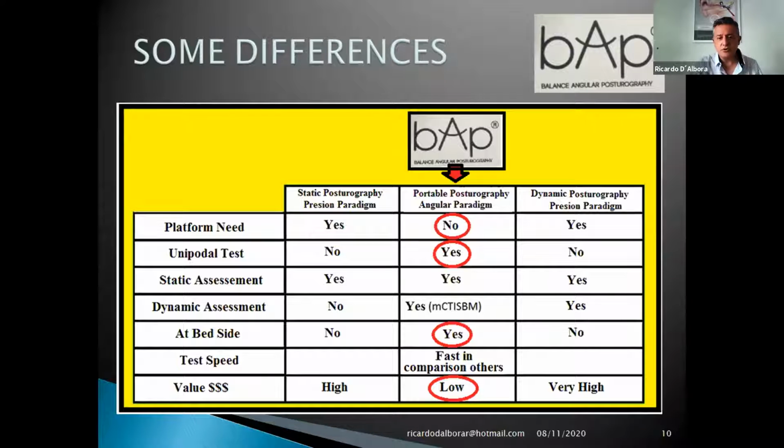It's very important to use at bedside because it's very light, very small, and the test speed is very fast in comparison with the others. The cost is very low. This is the most important: the great advantage is the cost-benefit ratio.